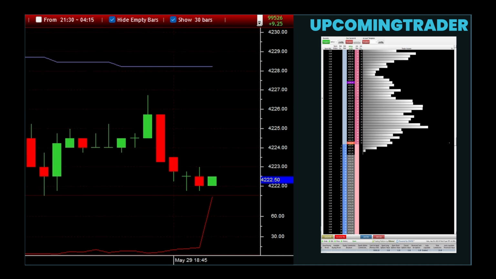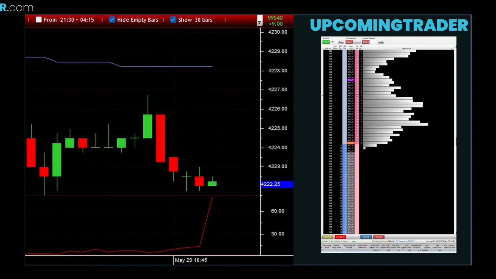Each pattern tells a story about how buyers and sellers interact, where they find value and where they reject it. By recognizing these patterns and using them to anticipate future price action, traders can align their strategies more effectively, improve timing, and ultimately increase their success in navigating the complexities of the market.